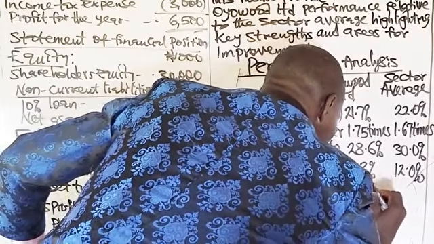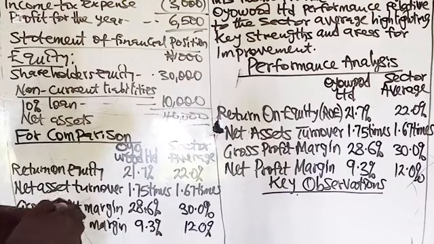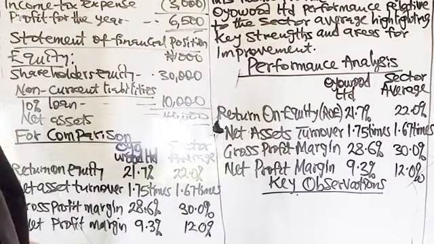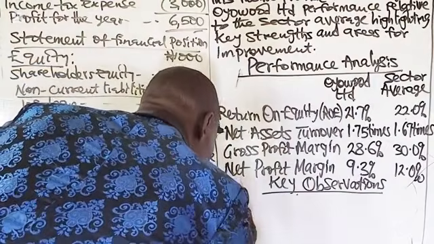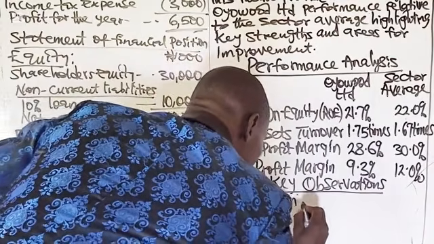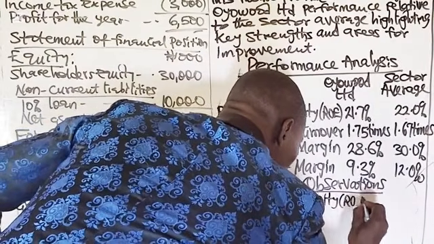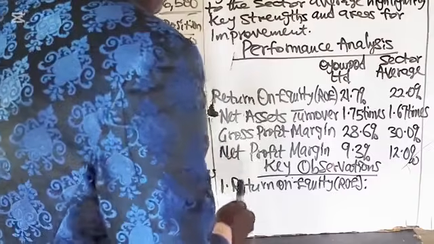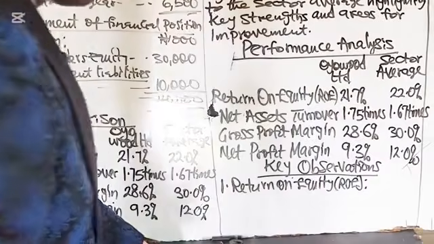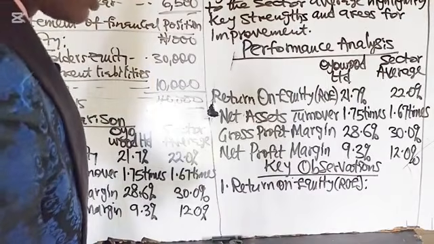By key observations, I mean what we observed from the computed ratios. The first ratio is return on equity, ROE. If you look at the return on equity of Oyo Wood, we have 21.7%, and that of sector average is 22.0%.